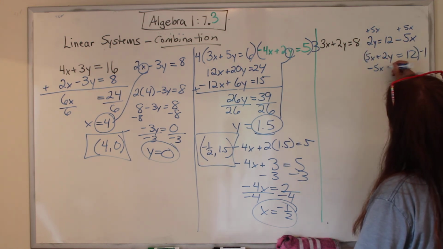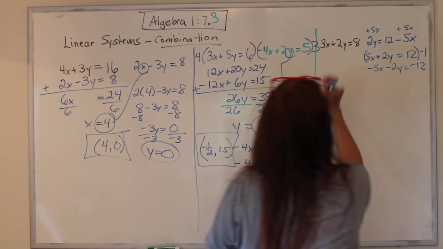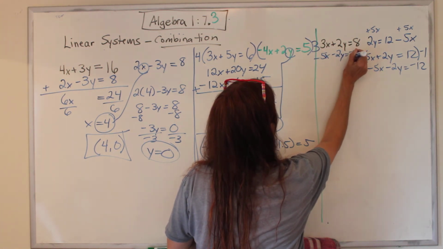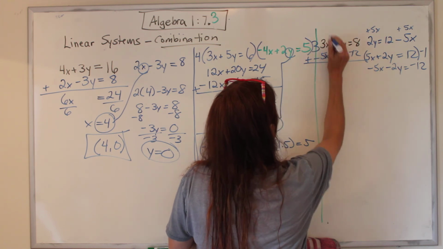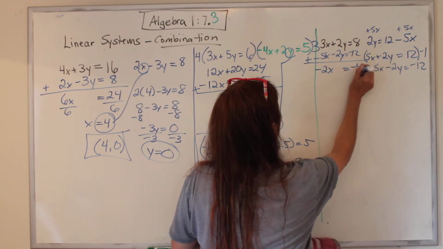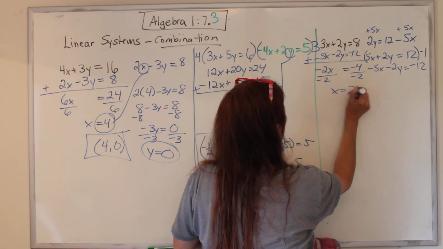It'd be negative 5x minus 2y equals negative 12. I write it over here. Negative 5x minus 2y equals negative 12. I put my plus sign, so this is negative 2x, those go away, and this is negative 4. Divide by negative 2, divide by negative 2, x equals 2.